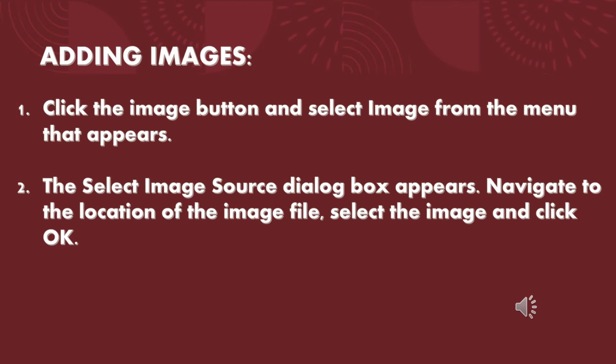Crop. It trims the size of an image by removing unwanted areas and by dragging the corner handle to resize the image. Border. It defines the width of the image border in pixels. The default value is 0 or no border.